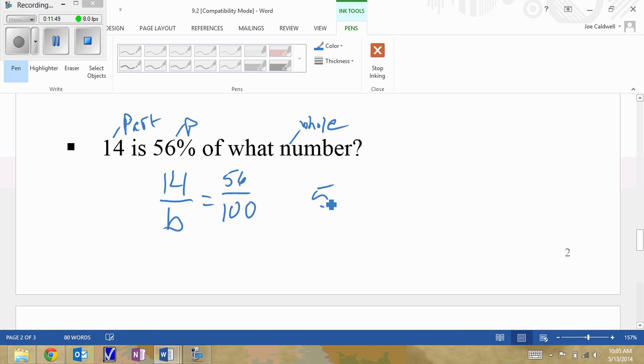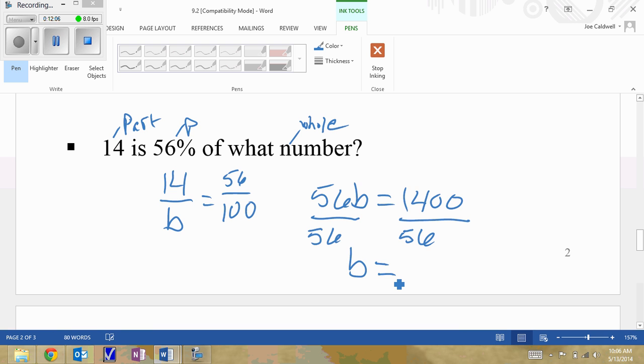So we have 56b, one cross product, and then 14 times 100 is 1400. And so again, kind of get the repetition here, hopefully. And if you would take 1400 divided by 56, you would get a nice whole number of 25.